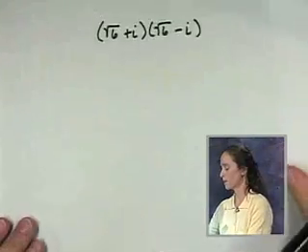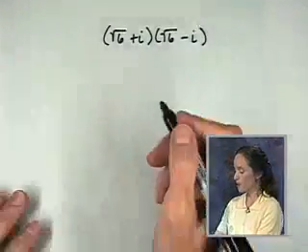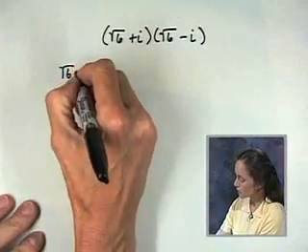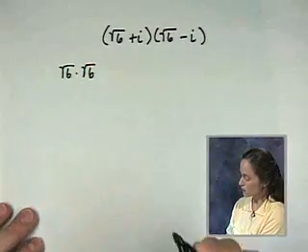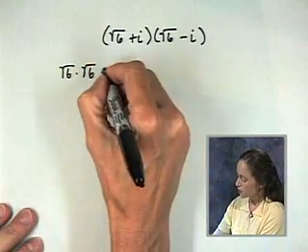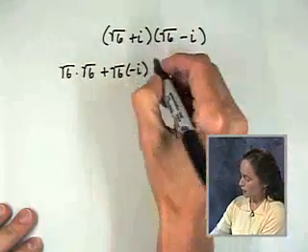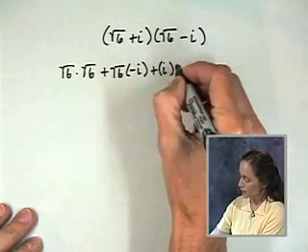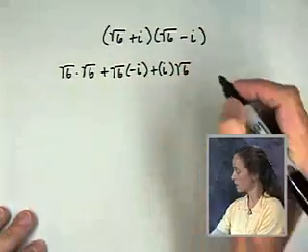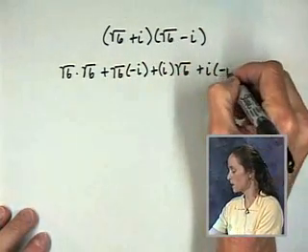Let's begin. Using the distributive property, I'm going to take the square root of 6 times the square root of 6, then the square root of 6 times negative i, then positive i times the square root of 6, and then i times negative i.